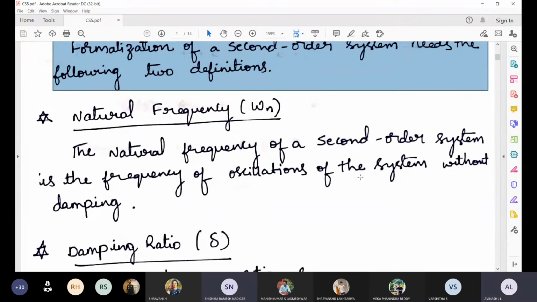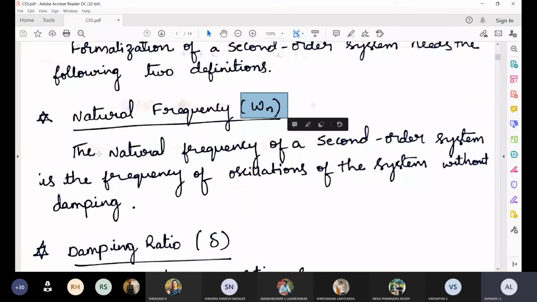So natural frequency, omega n. Omega represents frequency, n represents natural. Like a W structure is there on this one, so it is omega n, natural frequency. What is this natural frequency representing?